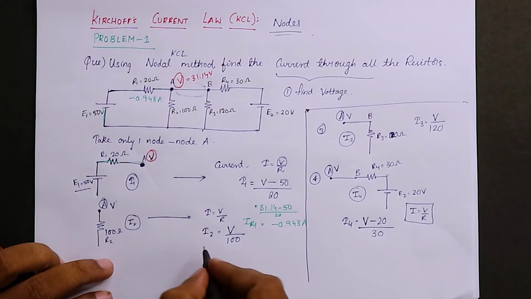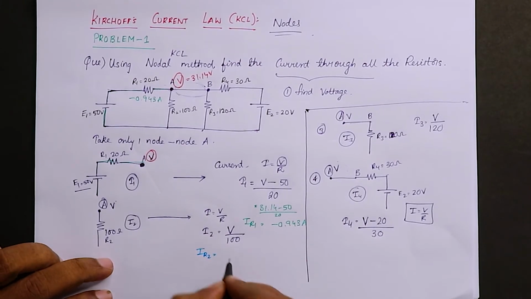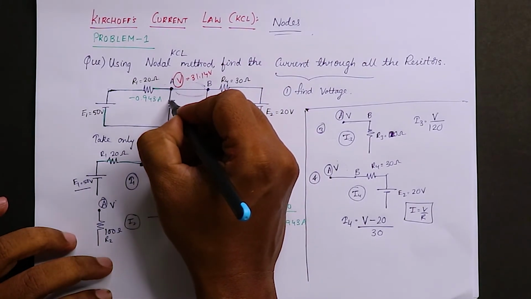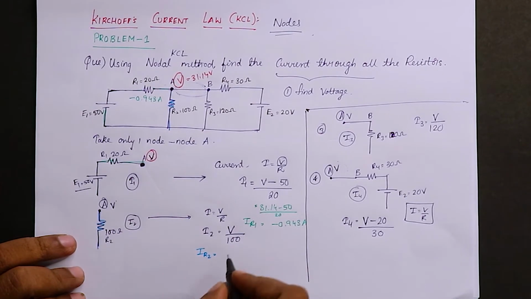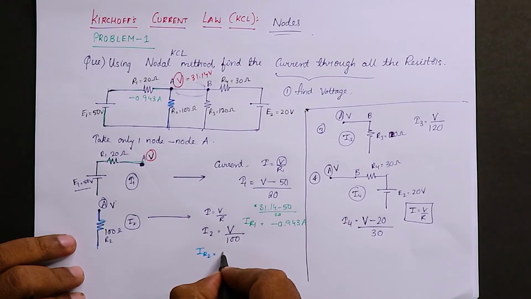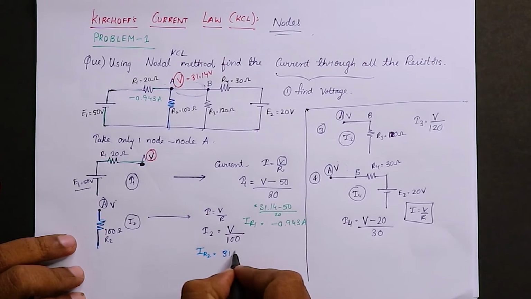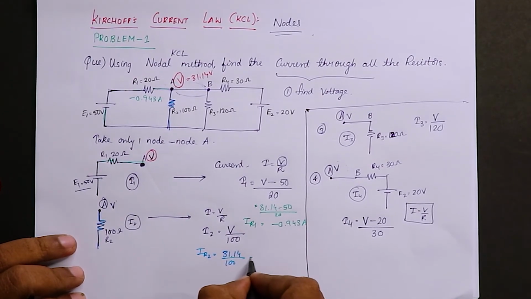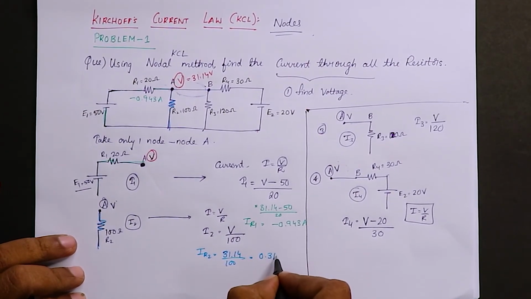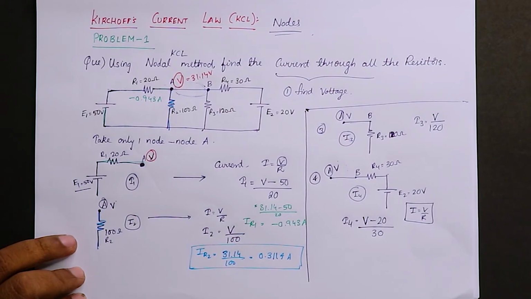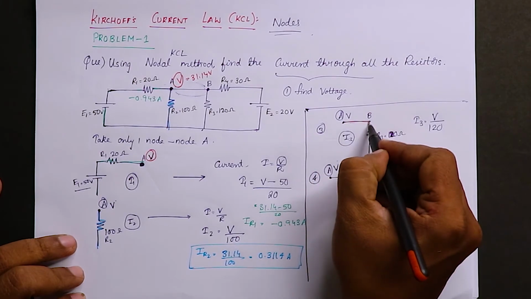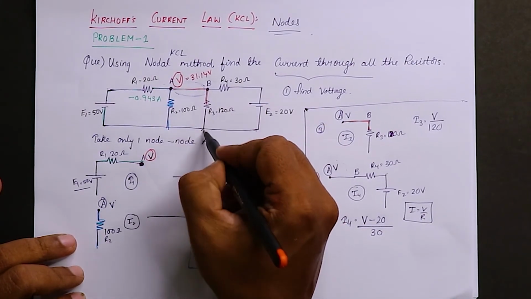Now IR2 is the current passing in this resistor. IR2 is V by 100, as already given. So that is 31.14 by 100, which is equal to 0.3114 amps. So IR2 is 0.3114 amps. Now let us take IR3, the current passing here.